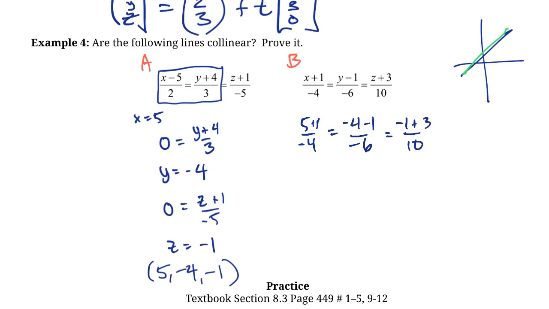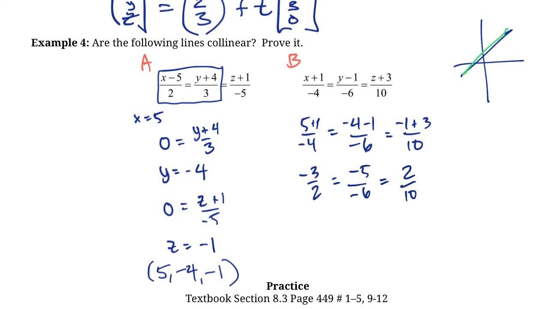And we can just simplify. So that's 6 over negative 4, and 6 over 4 is negative 3 over 2, equals, then negative 5 over negative 6, or just 5 over 6 if we simplify. And then this one is 2 over 10, which simplifies to 1 over 5. So regardless of whether it's simplified or not, what do you notice about these three values?